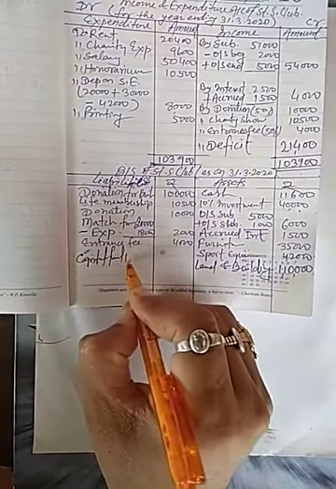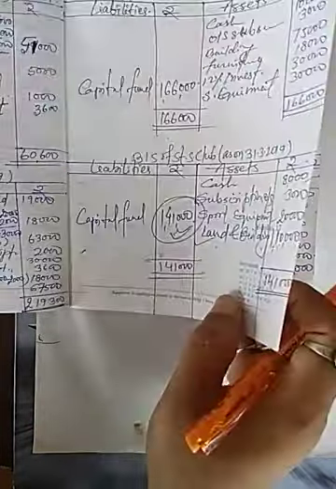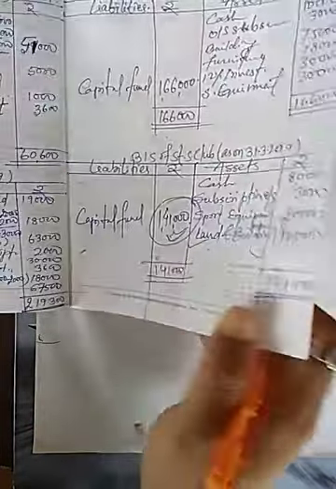So 1,41,000 is our capital fund, and when I deduct the deficit, 21,400, it will be 1,19,600.